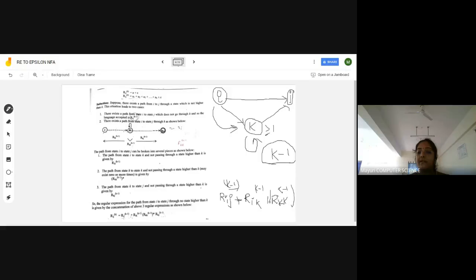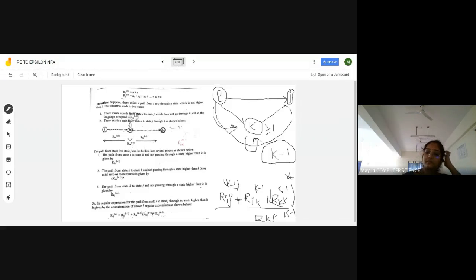But here it's a self loop, right? I will make a star over there. And then Rkj, the next path. This is completely together: this followed by this followed by that. So I don't include a plus. I may directly go, or else I may go like this. So along with these two, one more will come. What? Rkj power K minus 1. That is your formula.